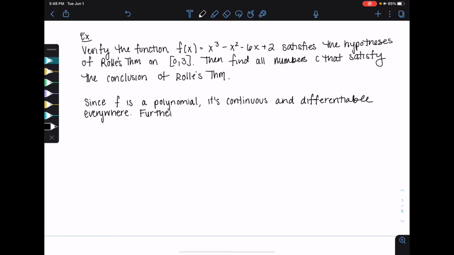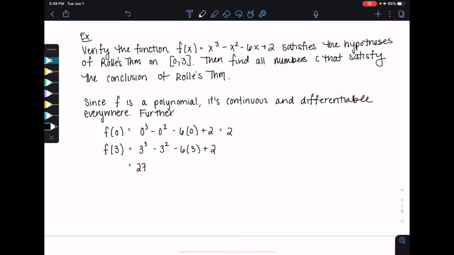Further, I need to see what happens at the endpoints. If I plug 0 into this polynomial, that would be 0 cubed minus 0 squared minus 6 times 0 plus 2, which gives us 2. And if we plug in the other endpoint, that would be 3 cubed minus 3 squared minus 6 times 3 plus 2.